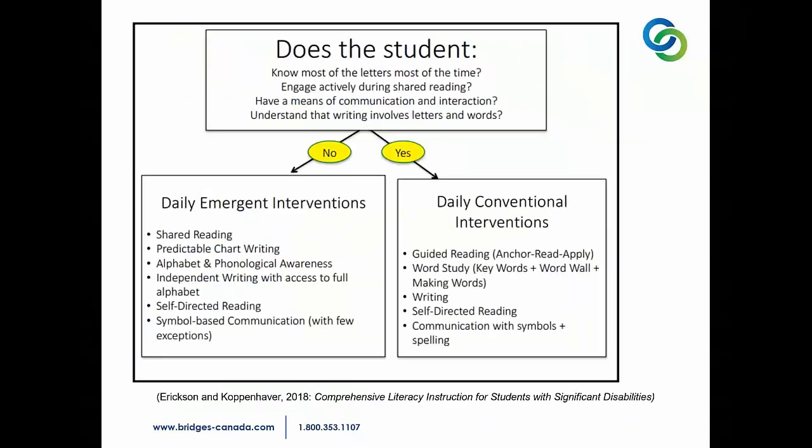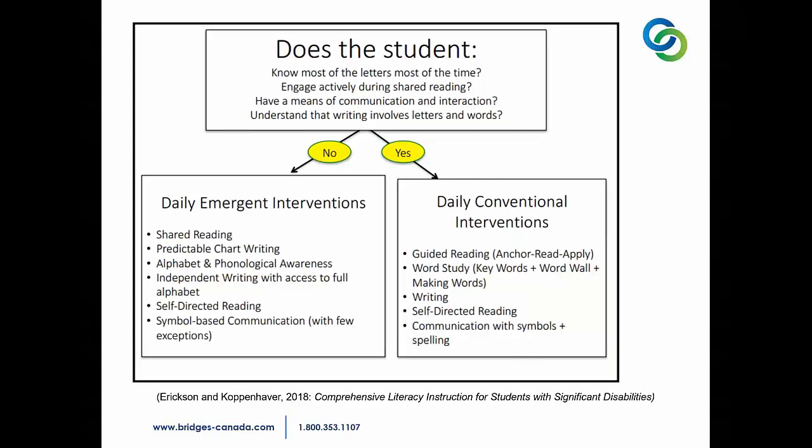Here are some questions to help you decide if your learners require emergent or conventional interventions. It's important to note that if you answer yes to all of the above questions, so does your student know most of the letters most of the time? Does your student engage actively during shared reading, have a means of communication and interaction, and understand that writing involves letters and words?